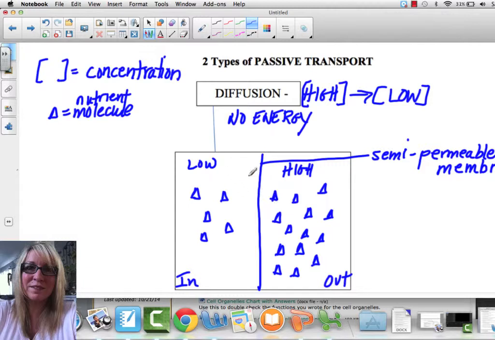So what happens is, by itself, because it's crowded over here, some of these molecules are going to move over here. They're going to go from an area of high concentration to an area of low concentration, and spread out evenly.